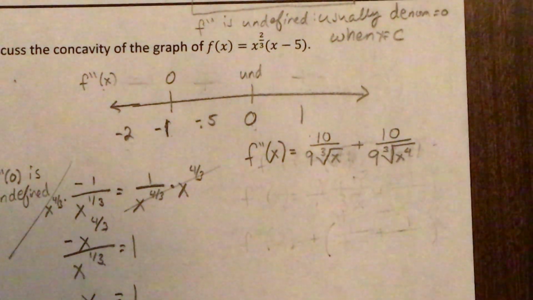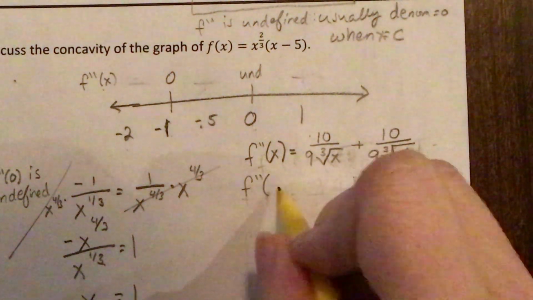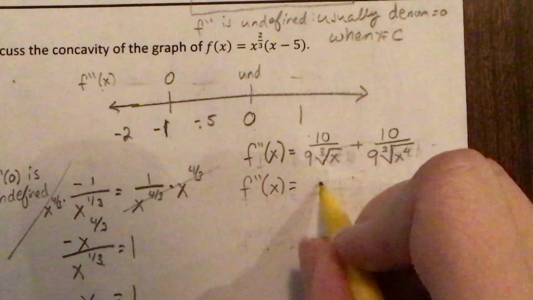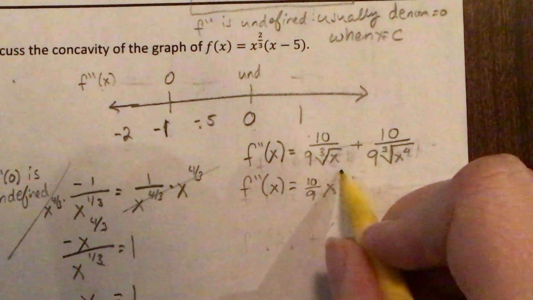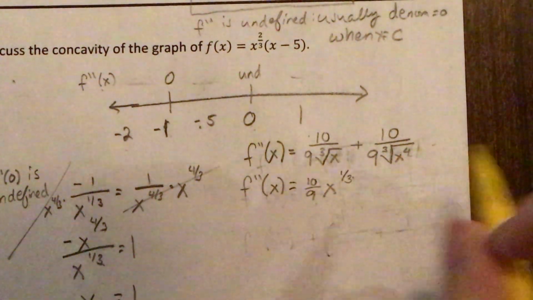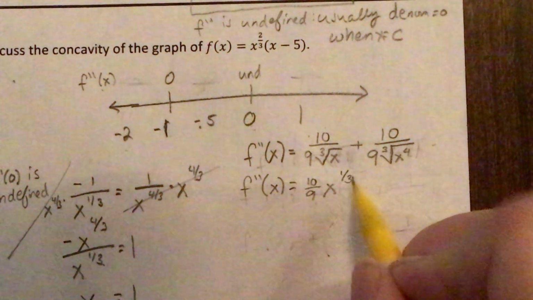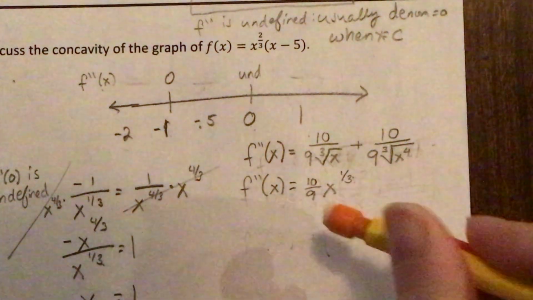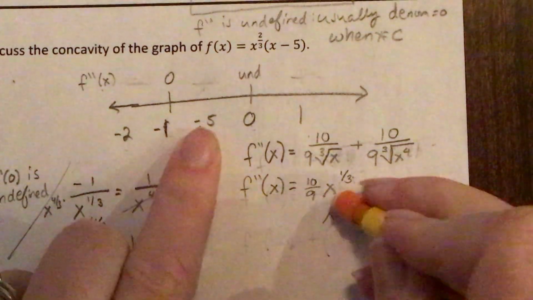This is how I would recommend plugging it into a calculator, like f double prime of x equals, or like the y equals would be this, 10 over 9 x to the 1/3 power. You might have to put that in parentheses if you have an older calculator that does the caret and then the exponent. If that's what shows up on your calculator, you'll need parentheses to get that whole fraction in the exponent.